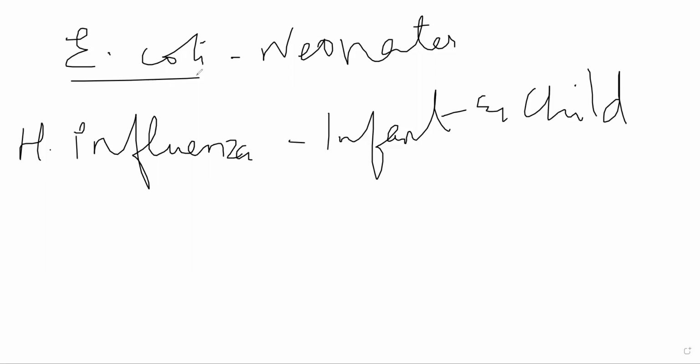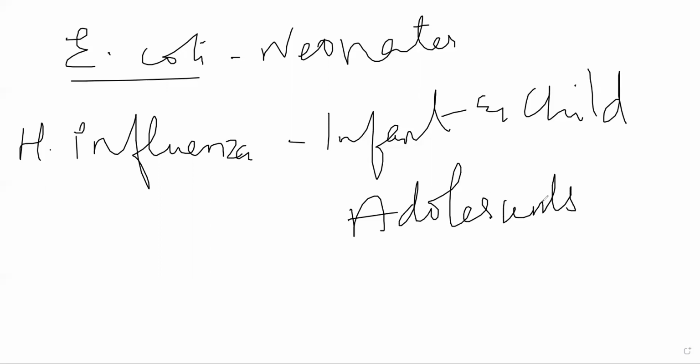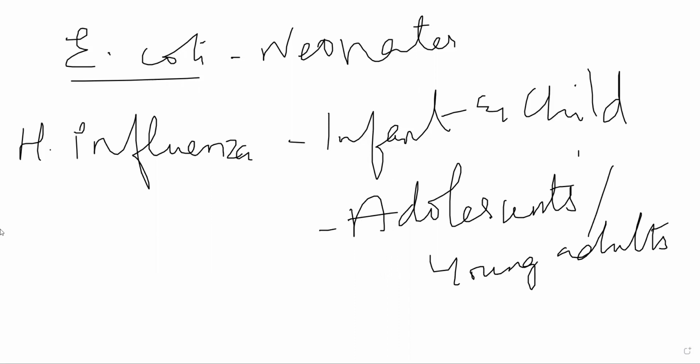If it is occurring in adolescents or young adults, even if it is an epidemic kind of meningitis where a lot of people start getting affected, it is generally Neisseria meningitidis.